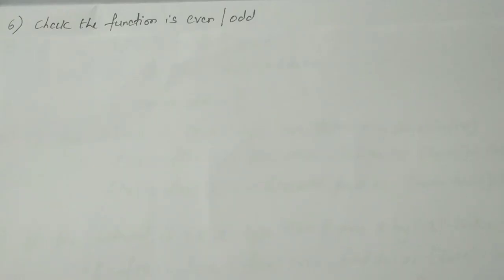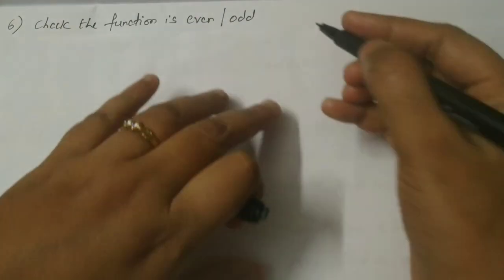Coming to the sixth point, before you go to the problems of Fourier series, whatever function they have given, please check whether the function is even or odd. Sine is always an odd function, and cos is an even function.